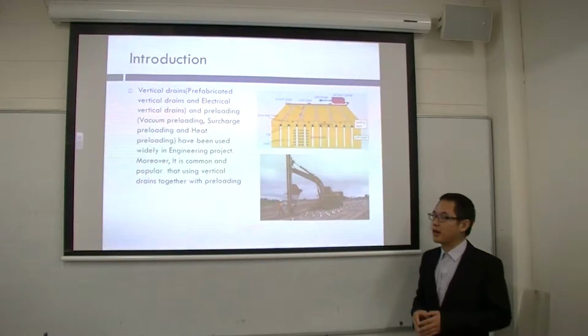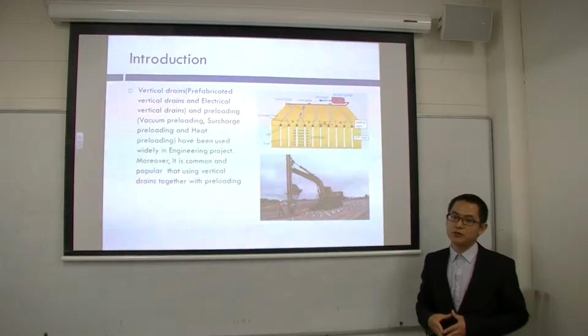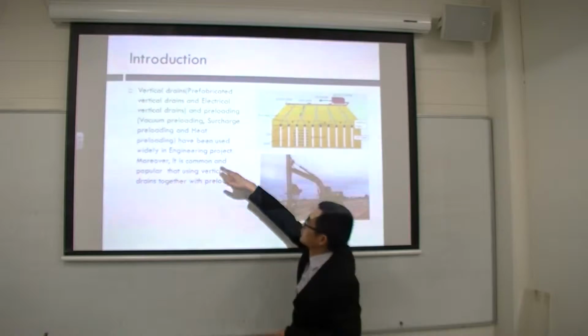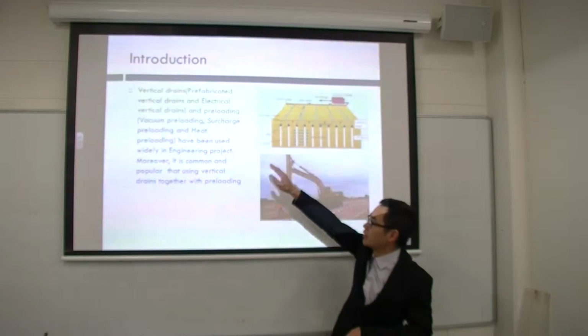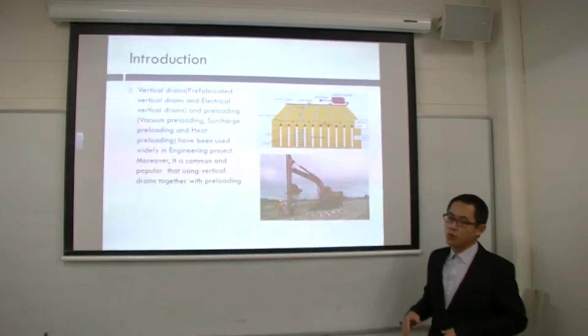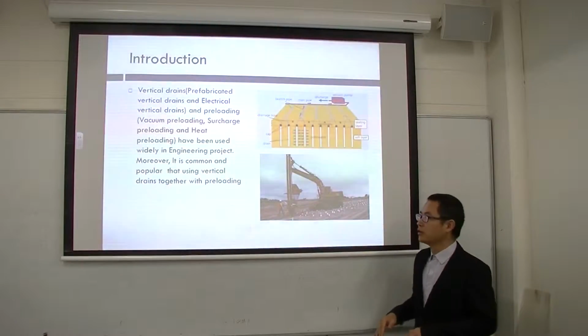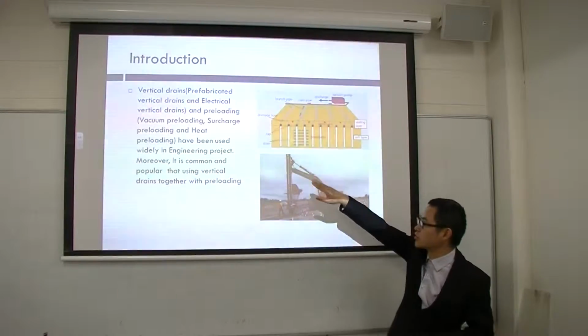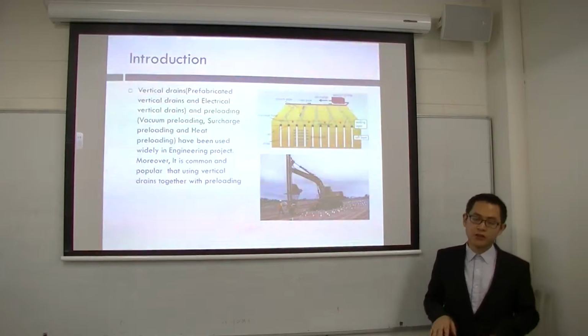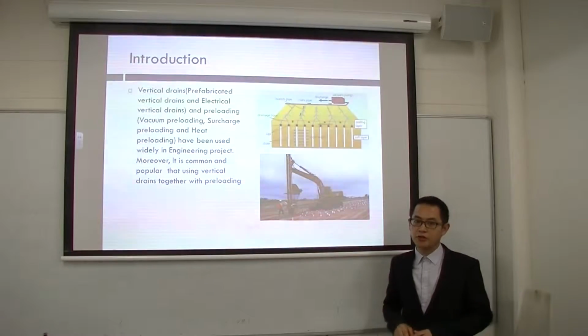Actually, vertical drains contain different types, the prefabricated vertical drains and the sand vertical drains. As for preloading, we have 3 different types: vacuum preloading, surcharge preloading, and heat preloading. Right now it's very famous, used in engineering projects.